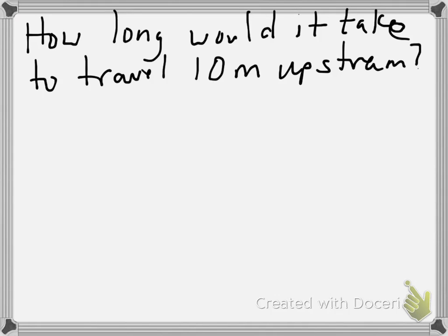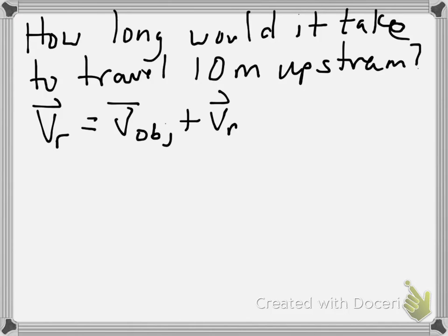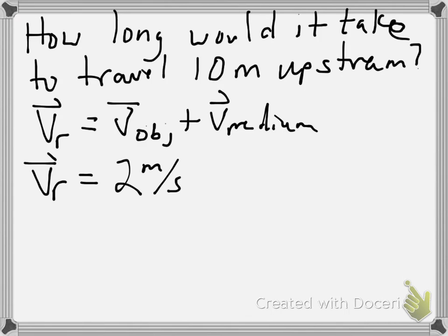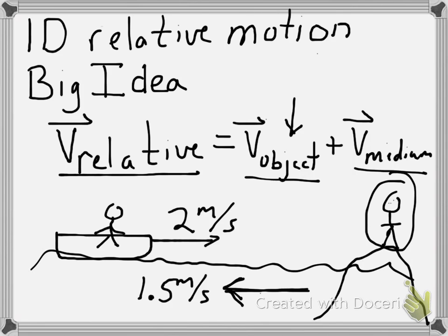What I've told you is that the relative velocity, VR, is equal to V object plus V medium. So we can fill some stuff in here. We know that the velocity of the object is 2 meters per second, plus the velocity of the medium, and looking back, it's 1.5.